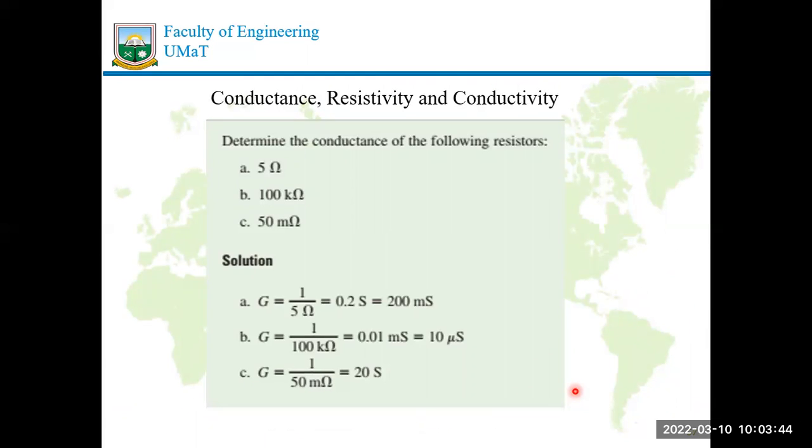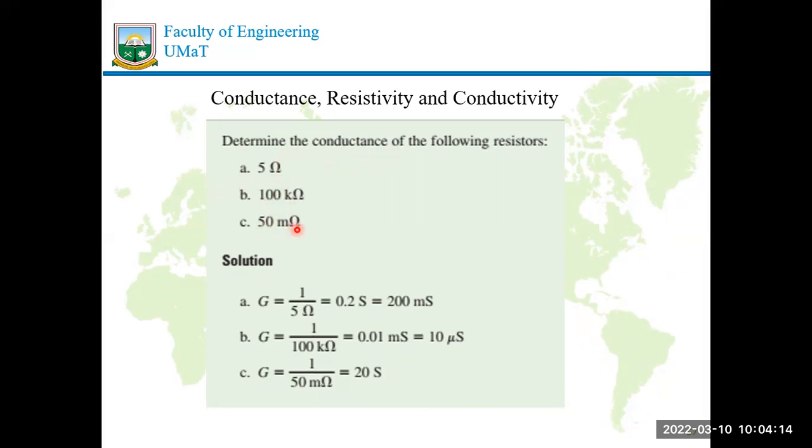These are worked examples. It says that we should determine the conductance. We've already met the formula in our previous lecture, the pre-lessons before chapter 1. To determine the conductance of the following resistors, we have 5 ohm, we have 100 kilo ohm, and we have 50 milli ohm.